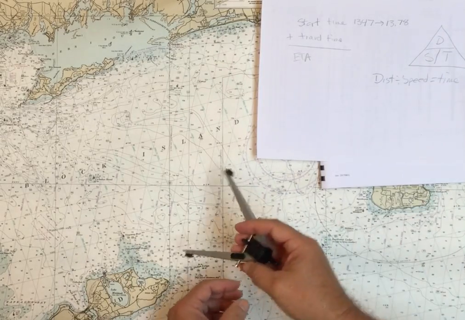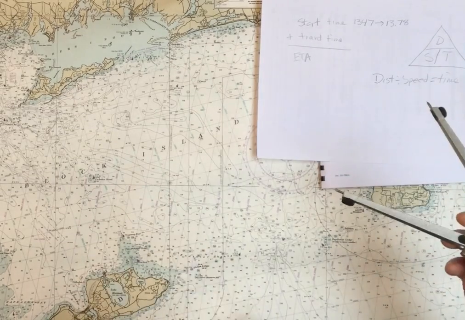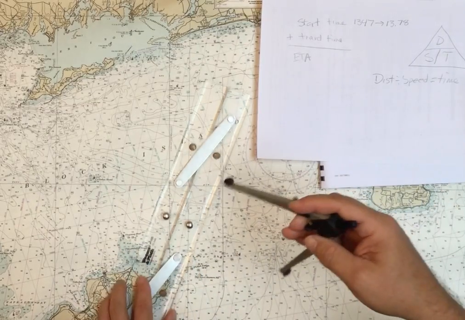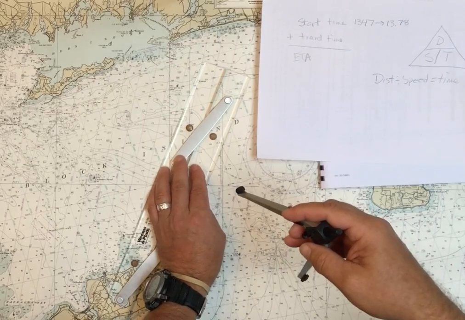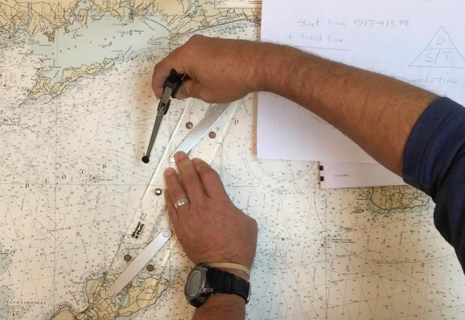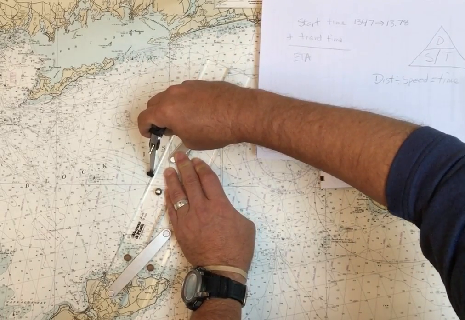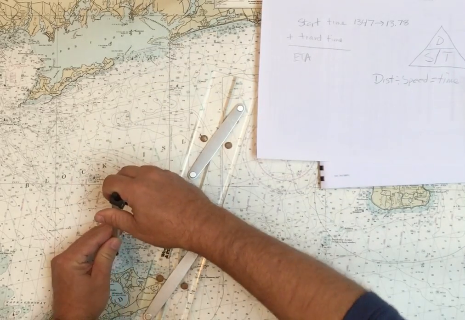So I find my two places. I'm going from right here to Shagwang, which is over here. I like to put my ruler down just to keep me going in a straight line. So I've got 5 miles, and it's a little bit less than 10 miles.